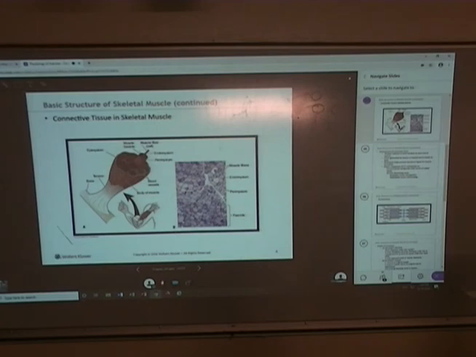So again, another example, you can see here the connective tissue runs into the tendon, and then the tendon attaches to the bone.